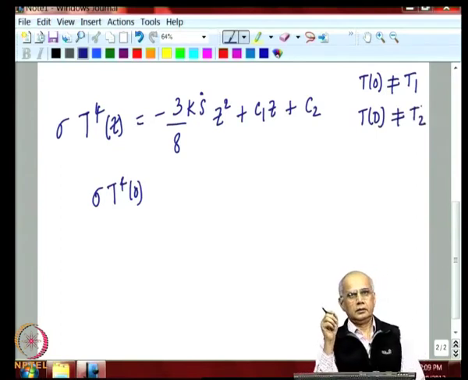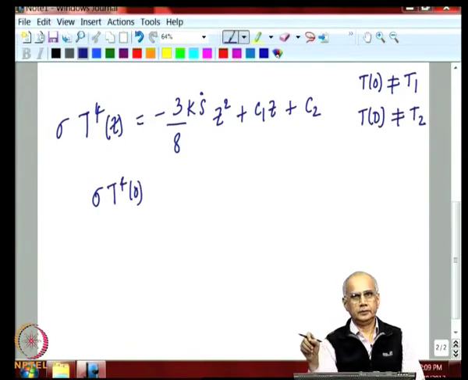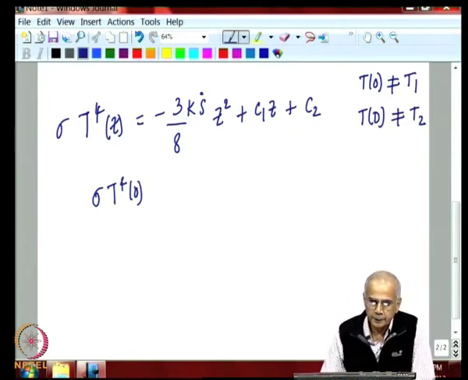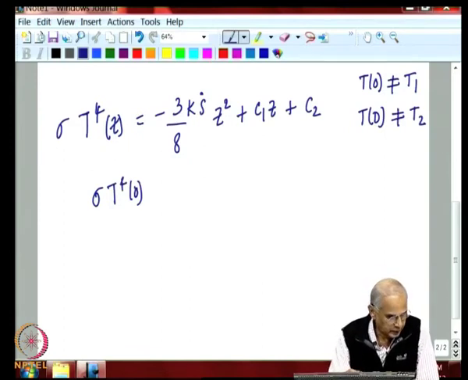That is a key issue you must appreciate, that in radiation heat transfer problems, continuity of temperature is not guaranteed. It may happen in a real problem if conduction plays an important role. In this problem, we have neglected conduction, but conduction is there. It will ensure that the discontinuity near the wall is removed by the conduction process. But in the absence of conduction, you have to allow for the jump to occur.